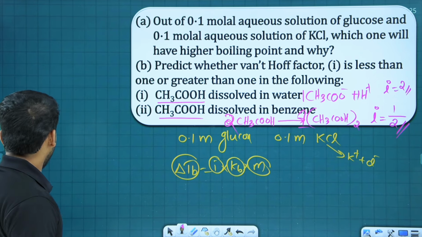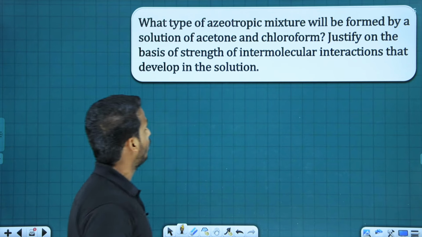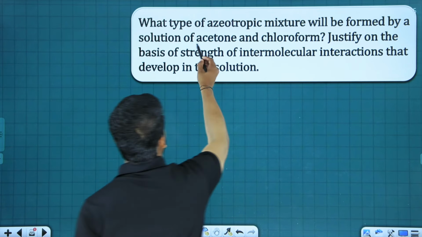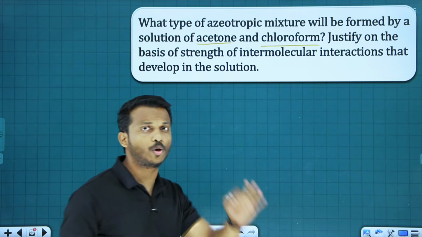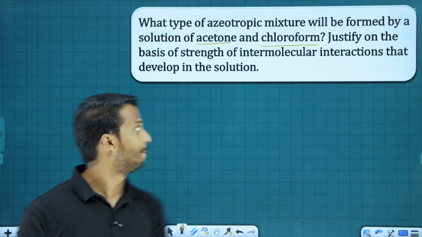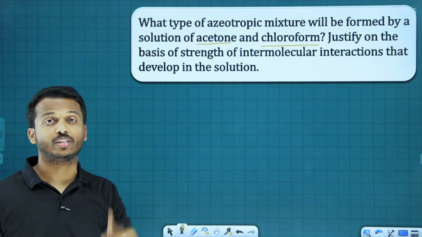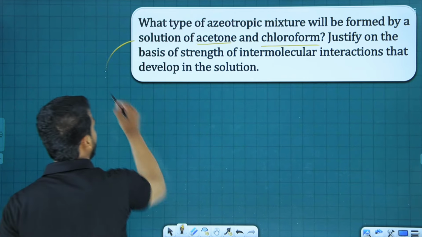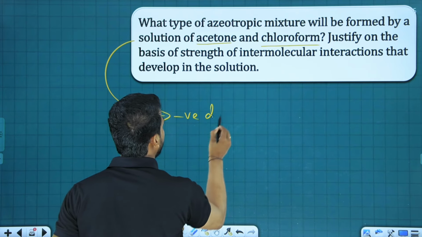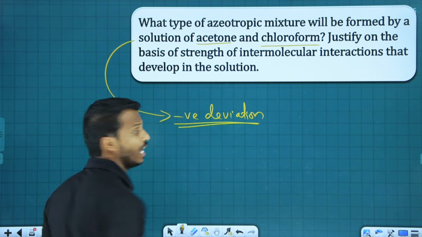Ready? Next question: what type of azeotropic mixture will be formed by a solution of acetone and chloroform? Hope it is clear now. Examples are very important; they come in previous years' papers. Acetone and chloroform belong to which deviation?